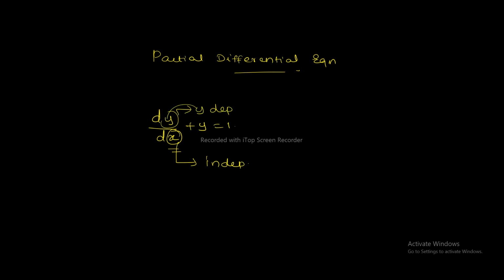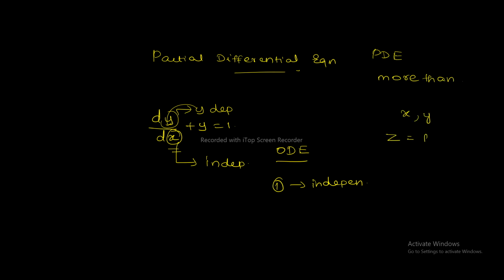Y depends on x. In ordinary differential equations, you will have only one independent variable, whereas in partial differential equations, you will have more than one independent variable, that is x and y. Suppose you have z is a function of x and y, and when you are differentiating z, you have two independent variables and z depends on these two independent variables.